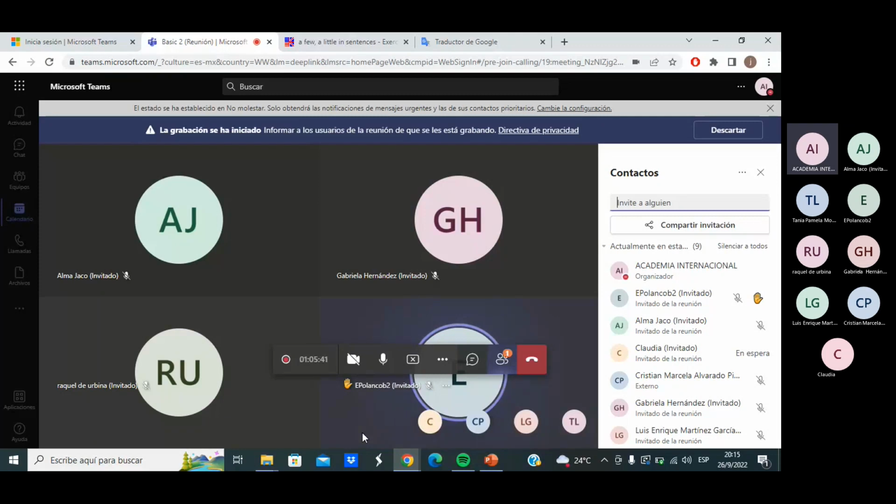Just to make a review about many, much, a few, and a little. Much is used with, you can tell me, countable or uncountable nouns?